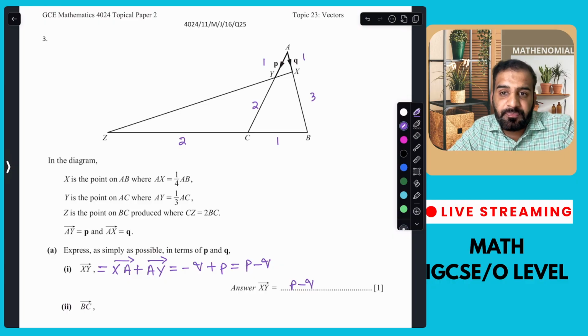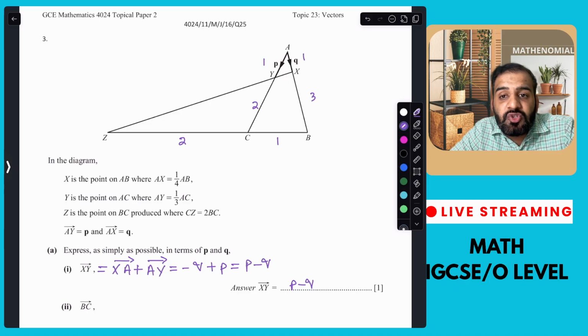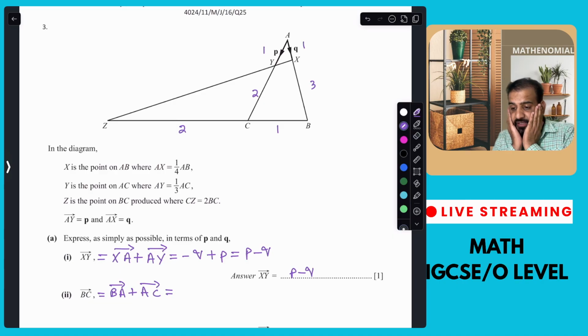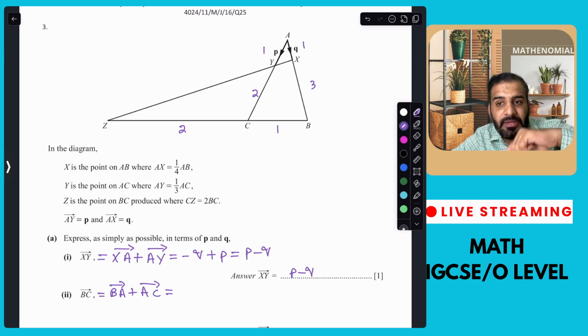Next, BC. What is BC? So you will move from B to A and then A to C. So let's go from B to A plus A to C. Who will agree with me that what is BA? Can I say that BA is negative 4Q just because it is in the opposite direction, but it is 3:1, but I am finding the whole BA.